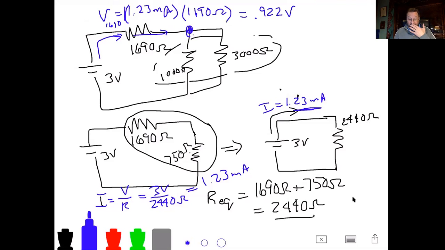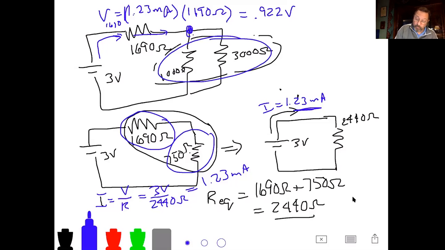Okay, well, let's see. If the voltage across the 1690 ohm resistor is 0.922, what's the voltage across this 750 ohm, which really is the same as saying what's the voltage across both of those, because they're in parallel and they would be the same. Well, I guess the answer can be found two ways.